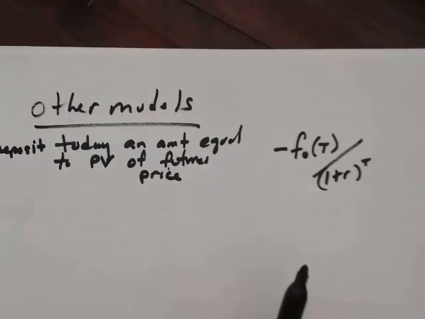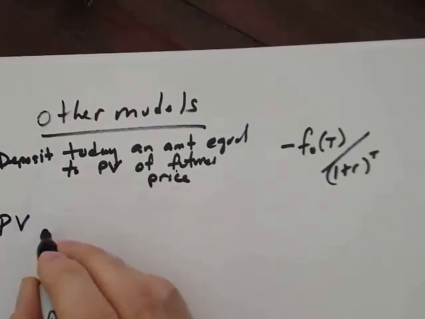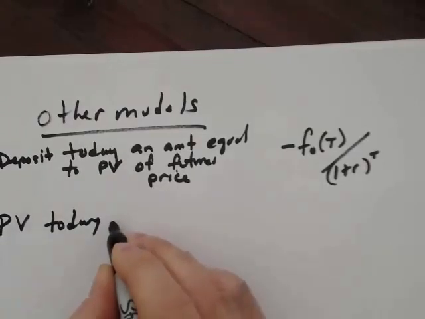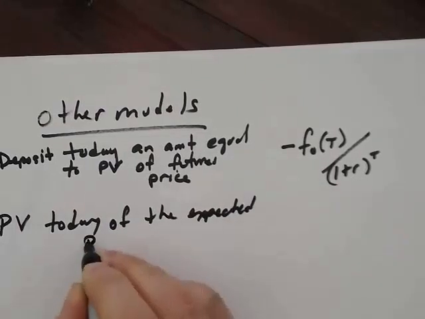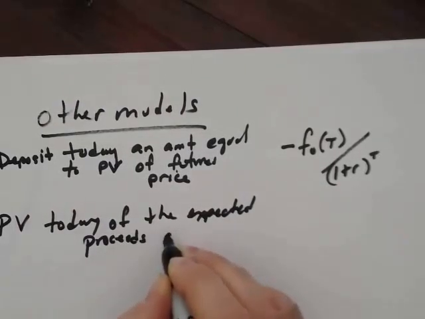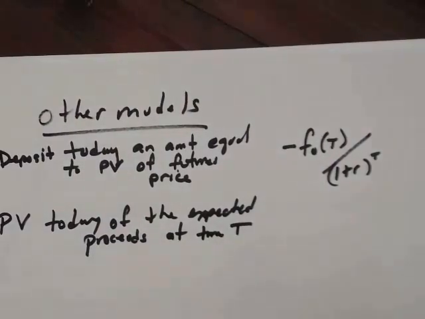Now, you have in mind, like I said, 1 year from now, or I'm using 1 year. Time capital T, you have this expected spot price, and so let's say we take the present value today of the expected proceeds at time T. So what's going to happen is you're going to go long a futures contract right now.